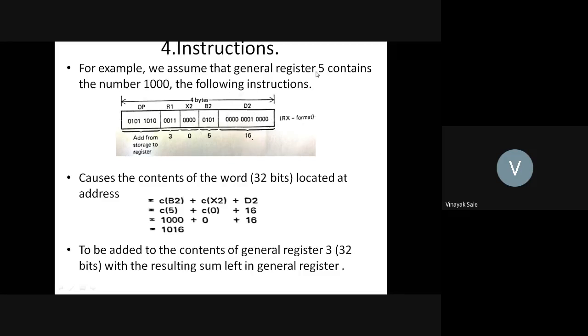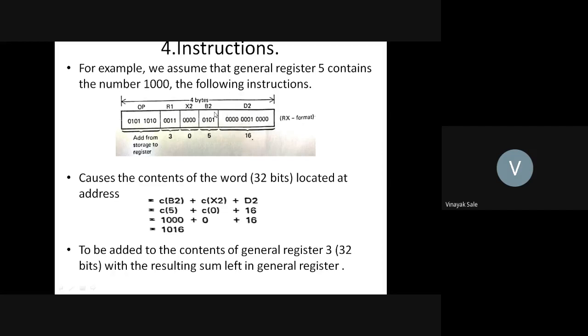These 5 types of general registers contain the value 1000. So 1000 is in decimal format. Convert it into hexadecimal format. So this is the hexadecimal format for 1000.